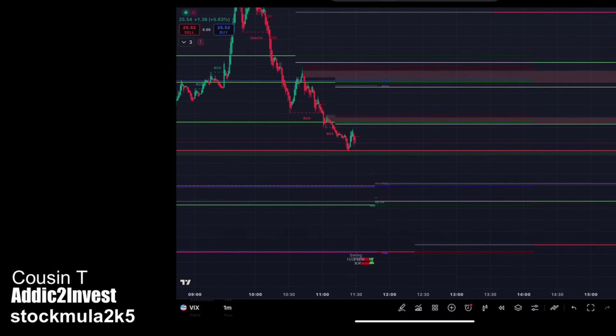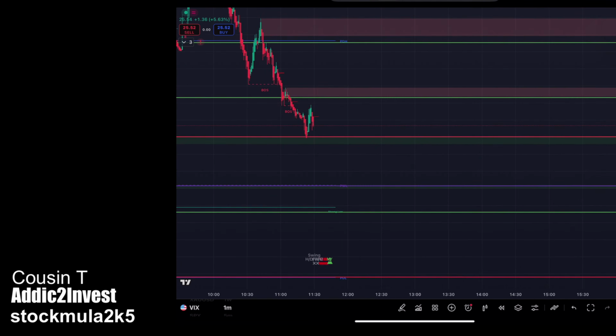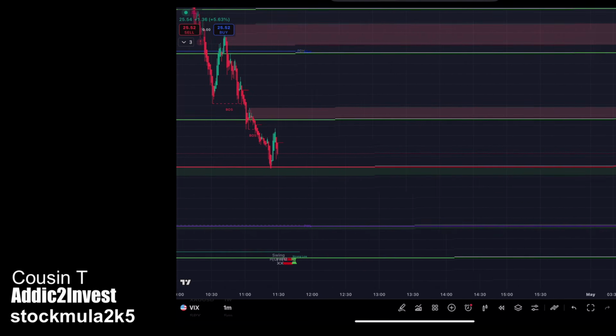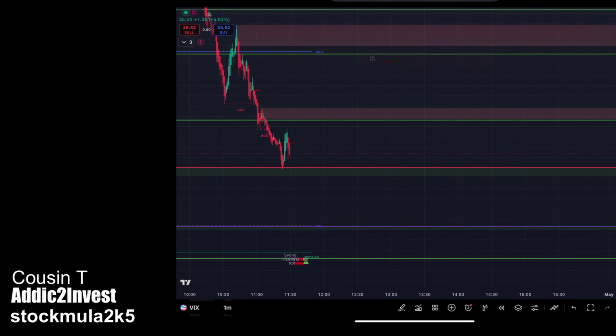So on the 1 minute, the supply opens up. But then you're bouncing off this 25.41, which is in front of the demand, which makes sense. Demand is where your buyers usually show up, your green team, the green candlesticks. All right, but this is my thing, VIX.